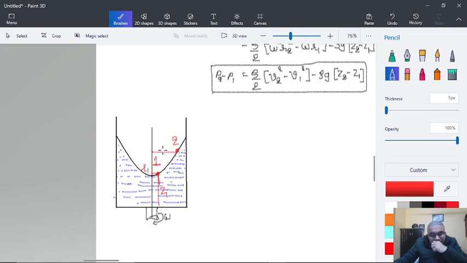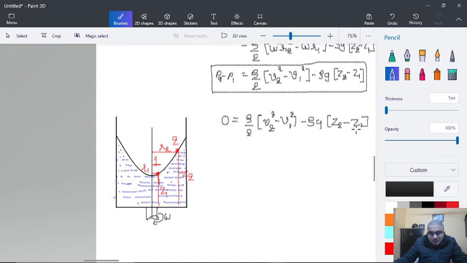Here we are having R2 and Z2. Now, because of being on a free surface, the pressure will be same on both the points. So in this case, 0 is equal to rho by 2 into V2 square minus V1 square, minus rho g into Z2 minus Z1.